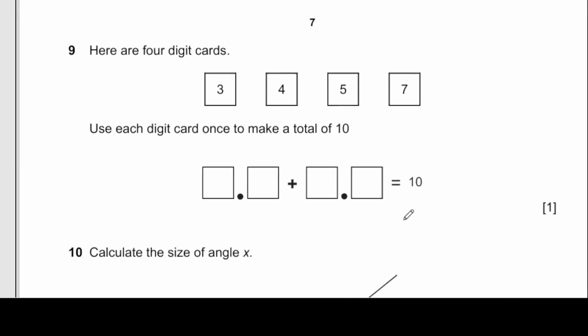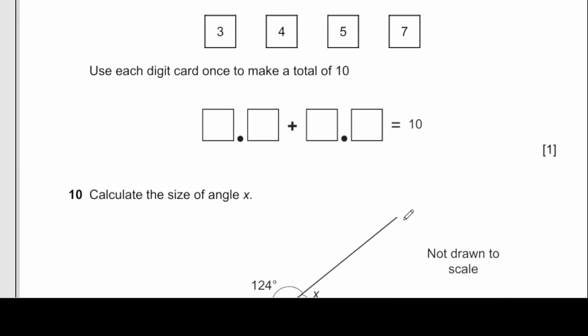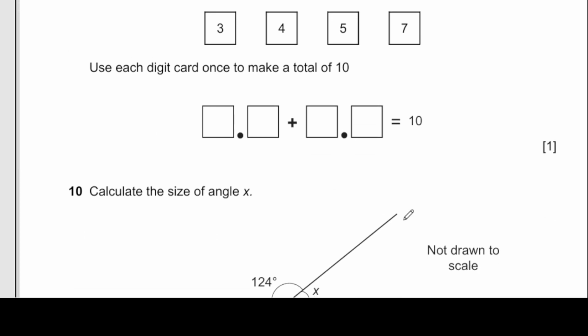Okay. Now number 9, here are 4-digit cards. We have 3, 4, 5 and 7. Use each card once. We are just using each once to make the total of 10. So as you know, if we add 7 plus 3, it is going to be 10, right? Then we can make this like here, 3 and 7 can come under here. 3 plus 7 is 10.